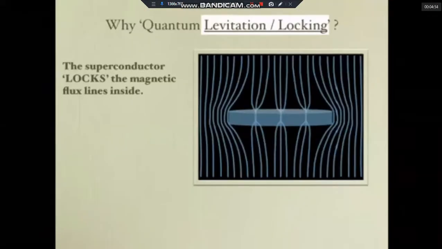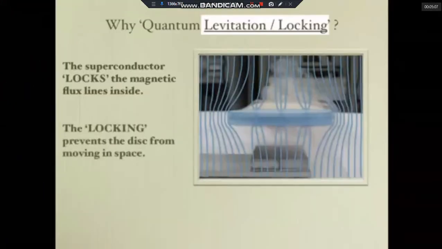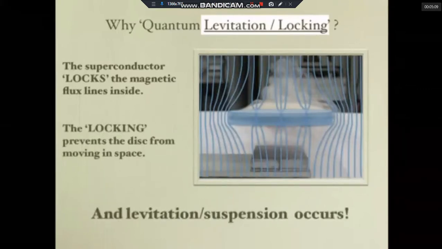So what it actually does is lock these strands, which are called fluxons, in place. And by doing that, it actually locks itself in place. So we get quantum locking.